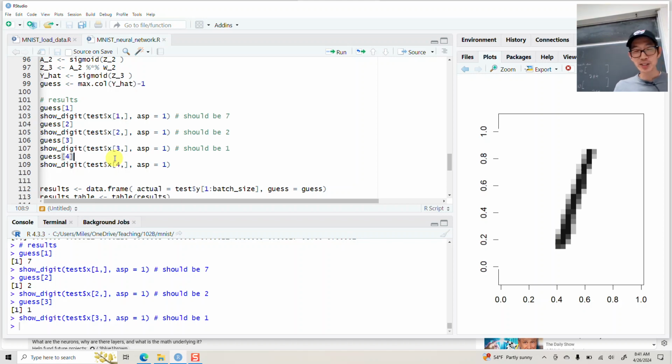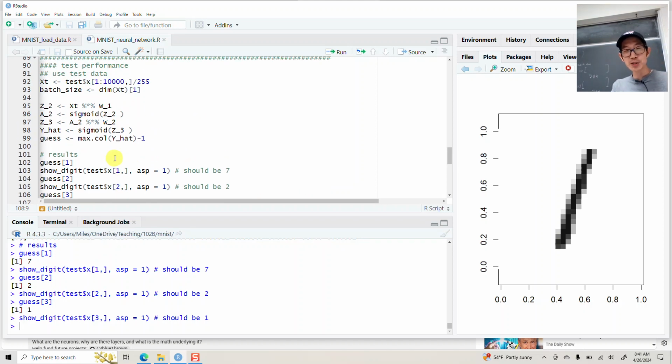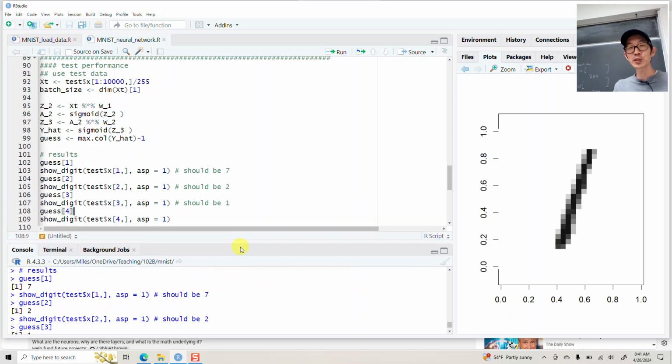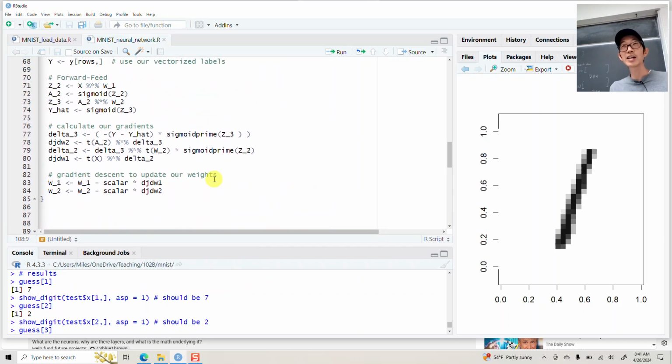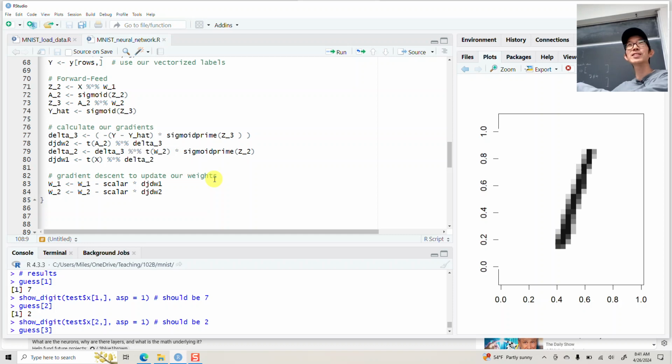And again, at no point was there magic, right? Sometimes you have this neural network and you ask the computer to do something and it does something and it feels like magic, but it's not. We just said, hey, here's the matrix coming in, do these multiplications, and we get the output and we understand that process.